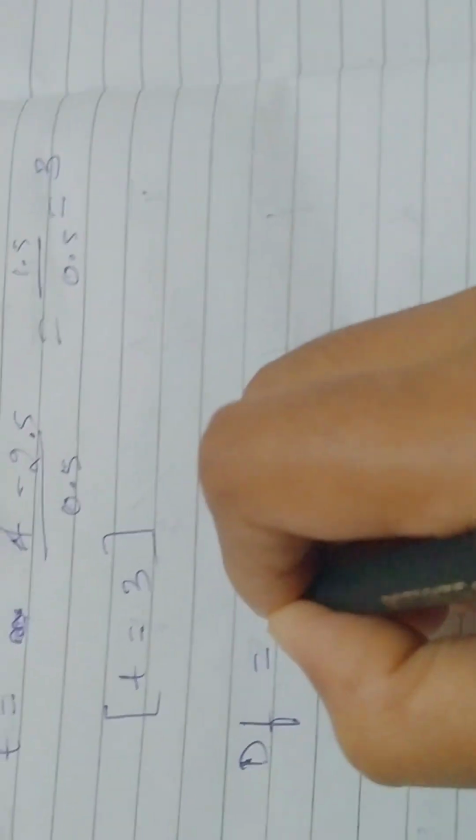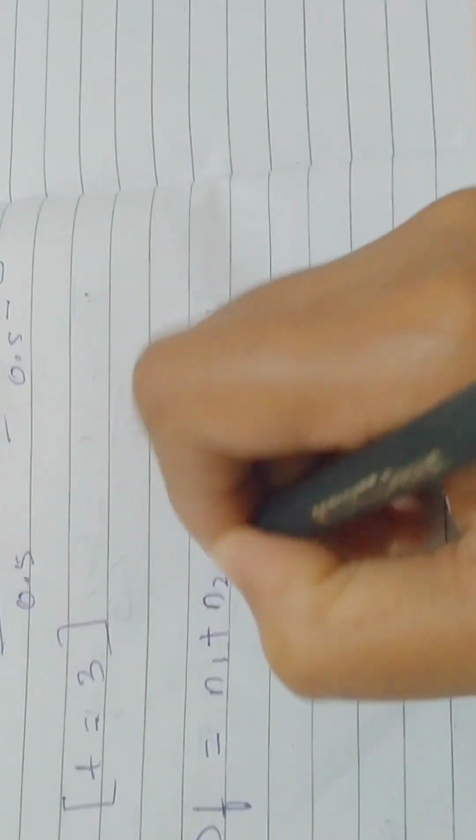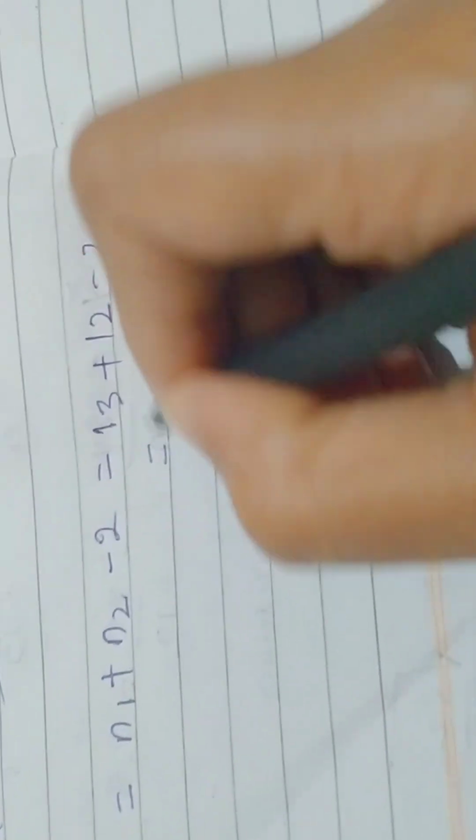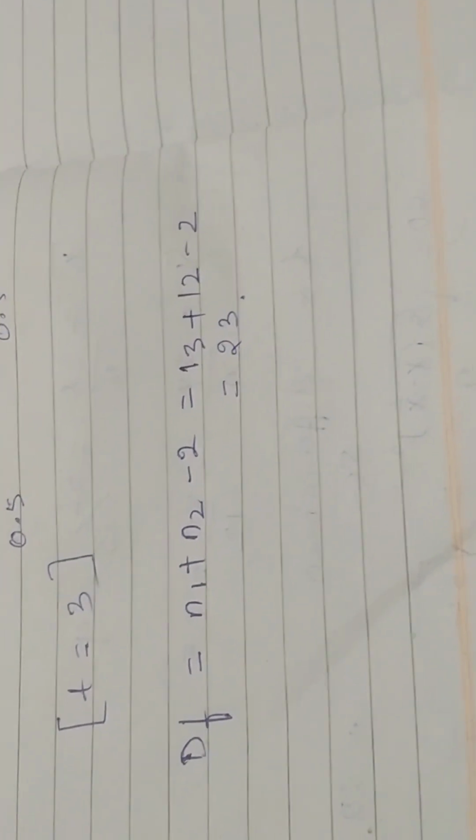So we need to find the degree of freedom for this calculation. Degree of freedom is equal to n1 plus n2 minus 2. So we have 13 plus 12 minus 2, which is equal to 23. So we have a degree of freedom as 23.